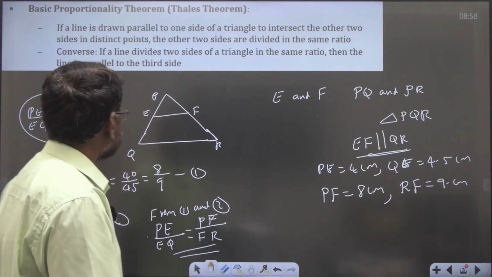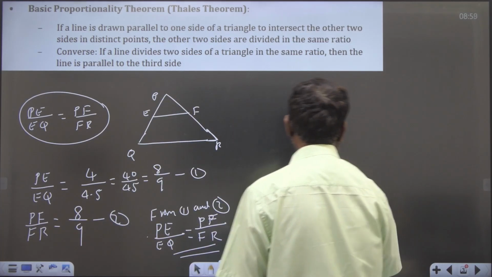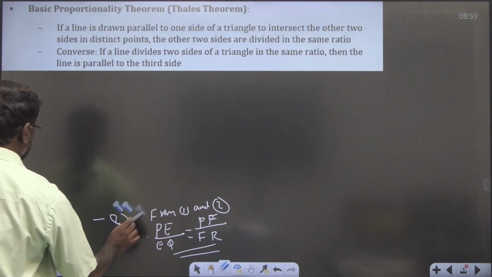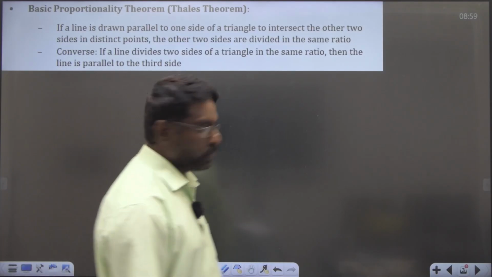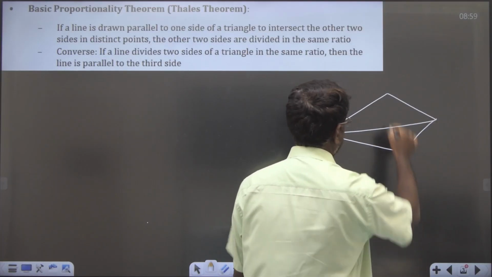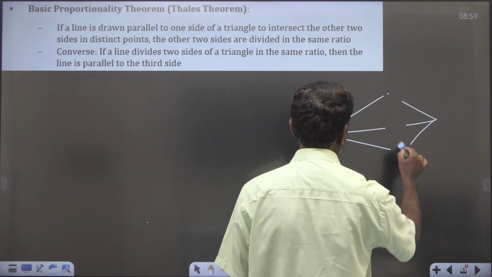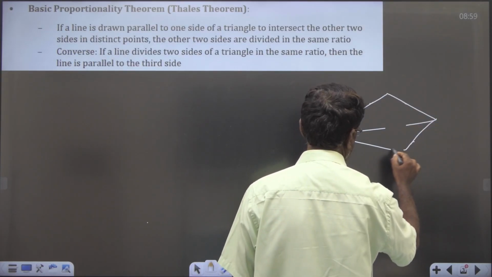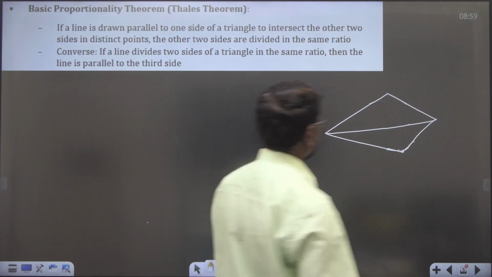And another question. You draw this figure. Just draw this figure.